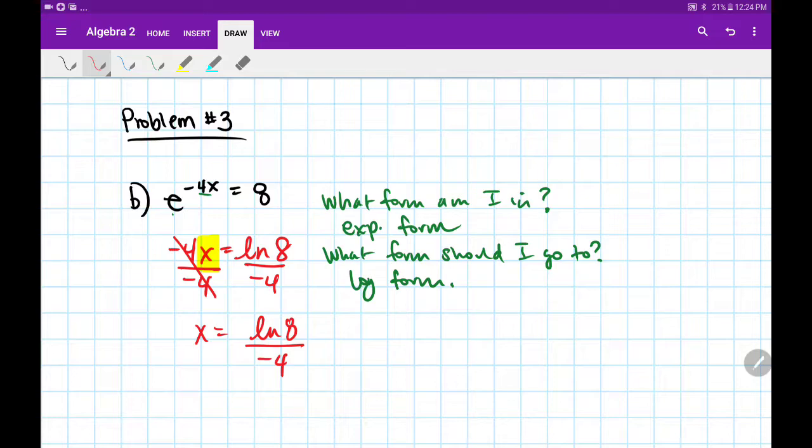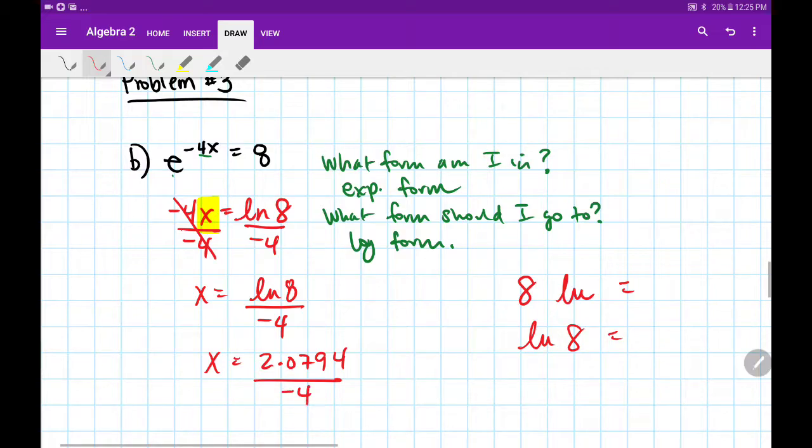If you're using your iPhone, you're going to hit 8 and then the ln button. If you're using a calculator, though, you hit ln and then 8 and then press equals. So ln 8 is 2.0794. And I'm going to divide that by -4.